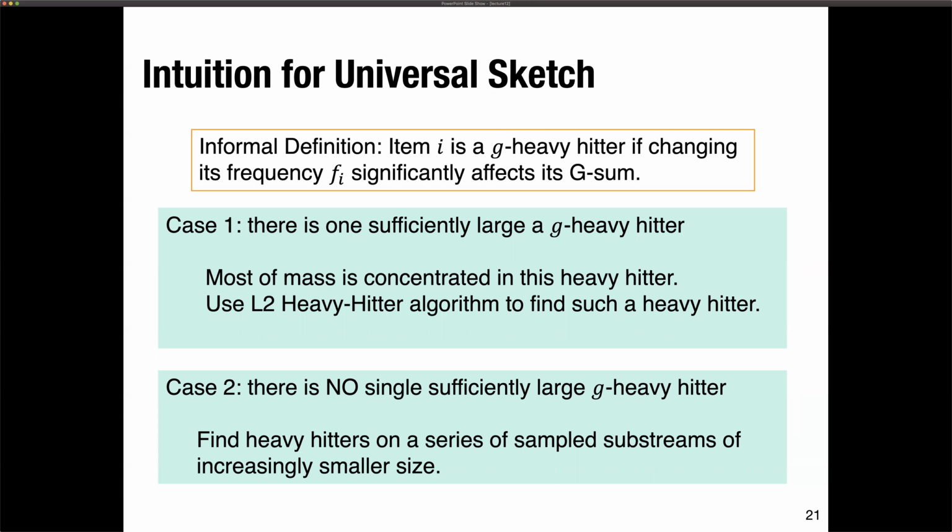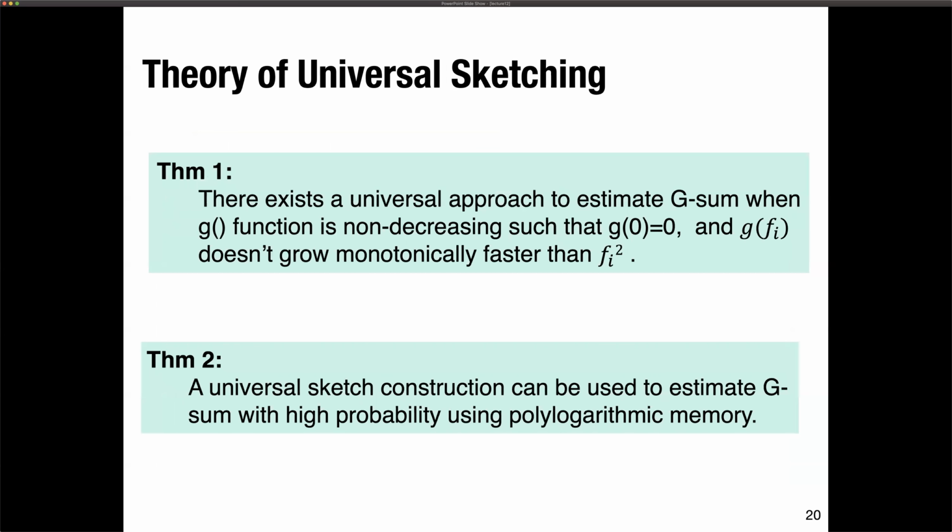G meaning any arbitrary function that is non-decreasing, where G of 0 is equal to 0, and G of fi does not grow monotonically faster than fi squared. So this is the limitation on what functions you can use for G.